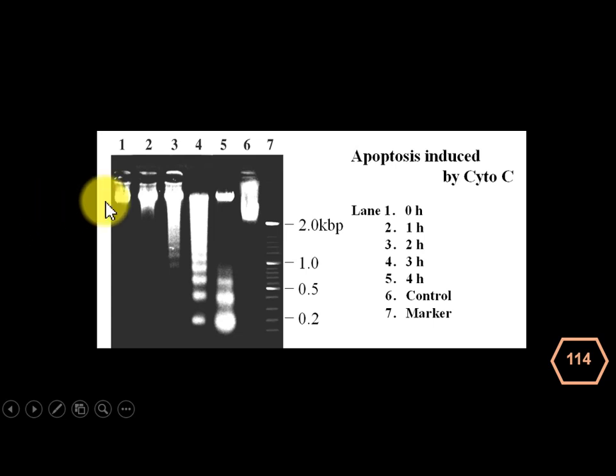So that's time 0, 1 hour, 2 hours, 3 hours, 4 hours. See it? That's DNA ladder. And that's also DNA ladder. And you can use genomic DNA to do the test. Okay? So when can you do this experiment?